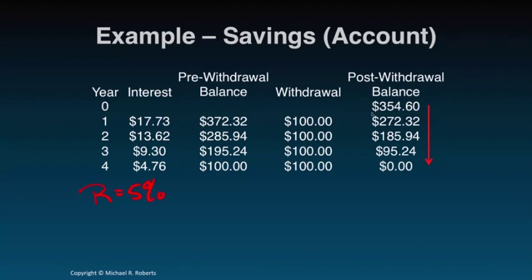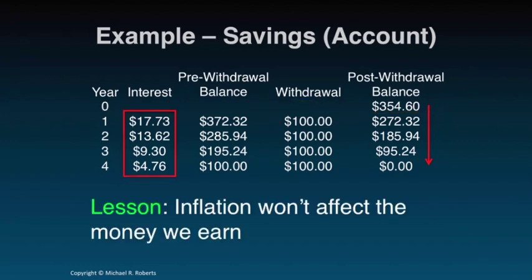The answer was $354.60. We deposit $354.60. That earns interest at 5%, which increases our balance. We withdraw the money, which reduces our balance, and we continue over the next 3 years until we drive the account balance down to zero exactly.